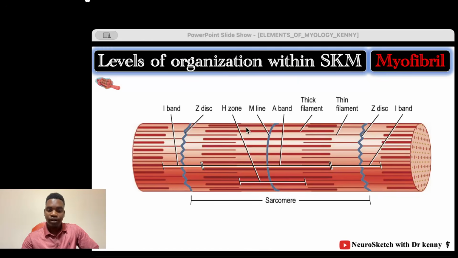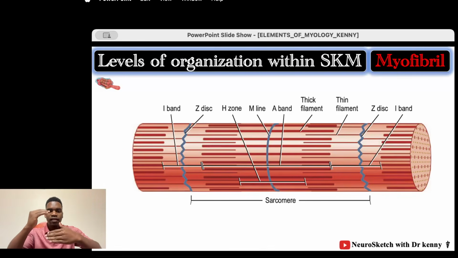A myofibril is made up of two kinds of contractile filaments, which we call the thick filament and the thin filament. As you can see, most of these thick and thin filaments are interdigitating.